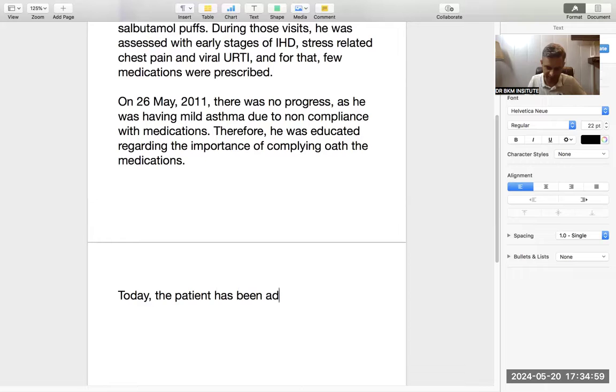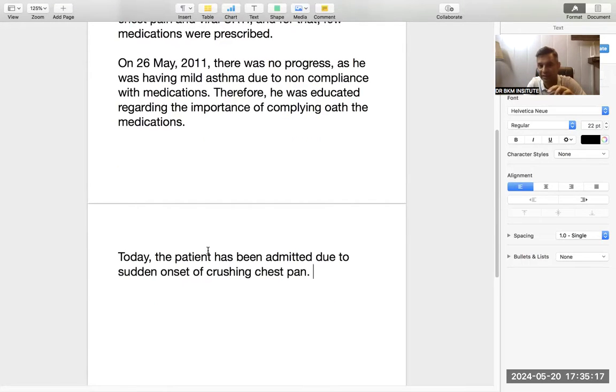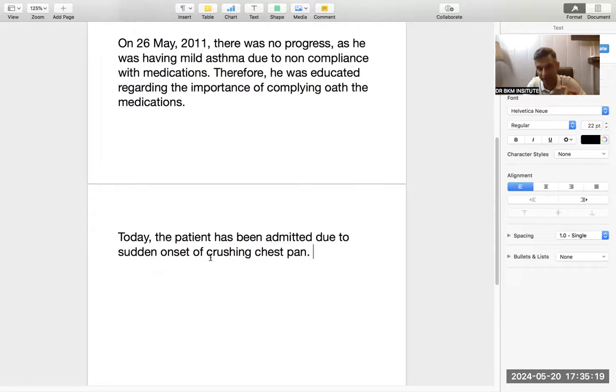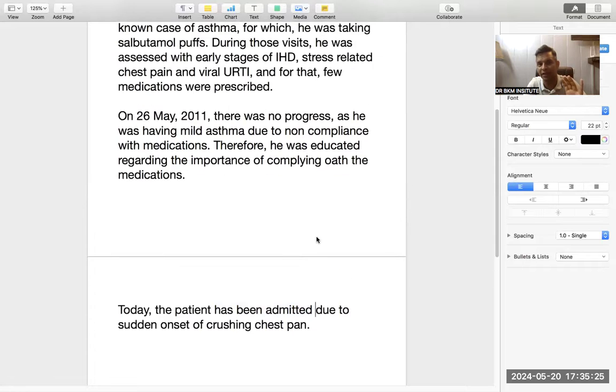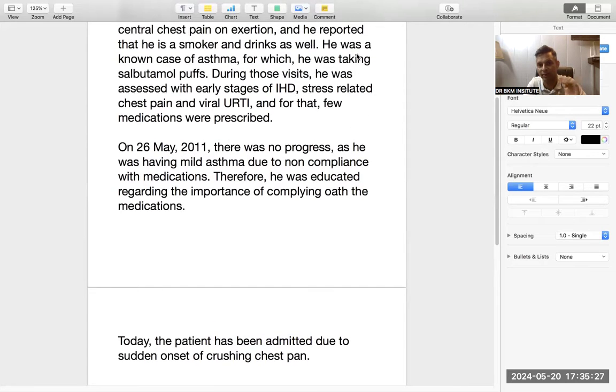Today the patient has been admitted due to sudden onset of crushing chest pain. This due to word is very important to learn. Today the patient has been admitted or he has been admitted. Now the main thing is has been plus third form. Wonderful. That is what the examiner wants to know, whether you know grammar or not.